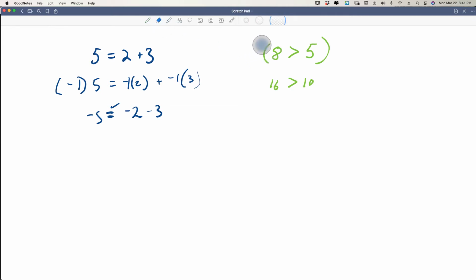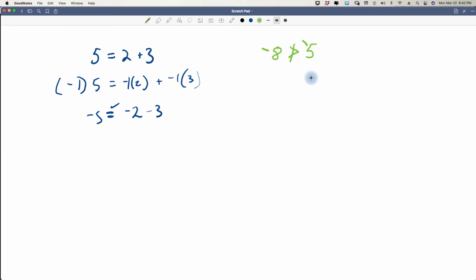But when we bring in a negative, a positive doesn't call for the opposite number, but a negative does call for the opposite number. So when we start talking opposite numbers, if we were to multiply both of these by a -1 and turn them into negative values, -8 is not greater than -5.